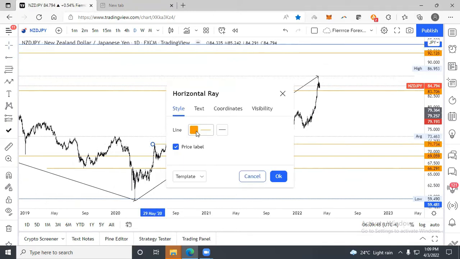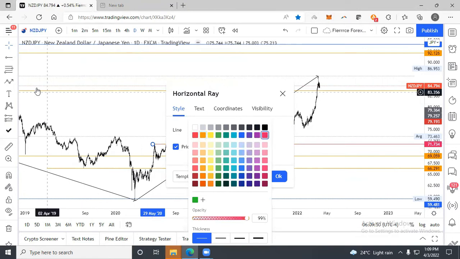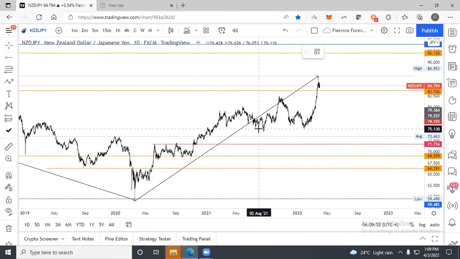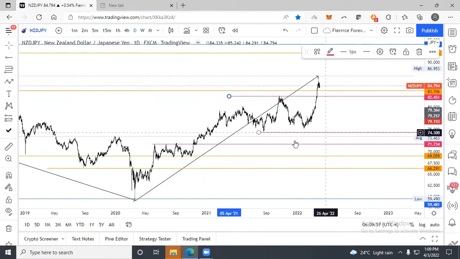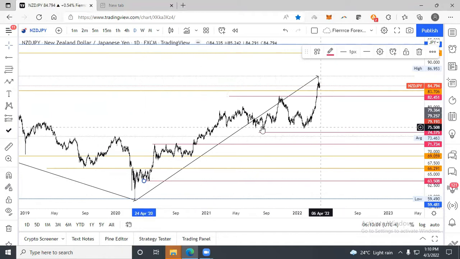So I'm going to put a different color and maybe make that pink. Okay, intermediary highs and lows that I can see. Okay, I'm on the daily. Now you can do this and you can end up having your chart just looking all colorful if you're to go all the way down to the lower time frames. Okay, so again, I'm just doing this so that we can understand what I'm trying to say.